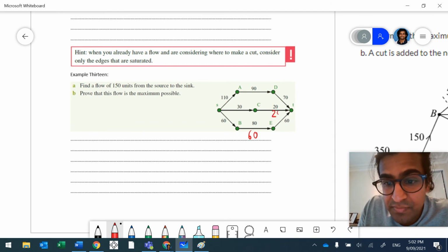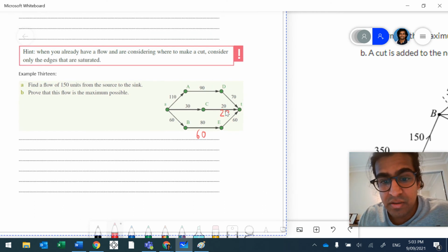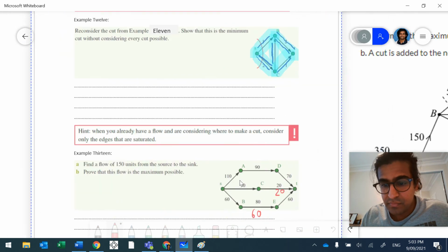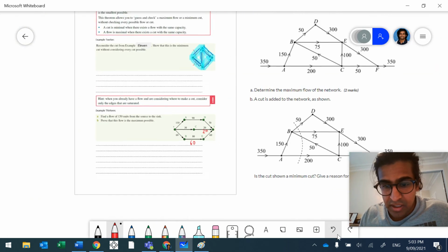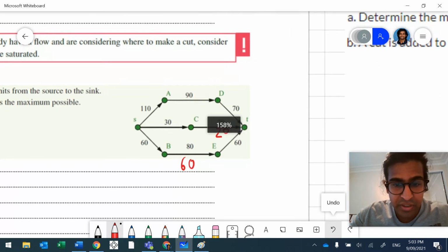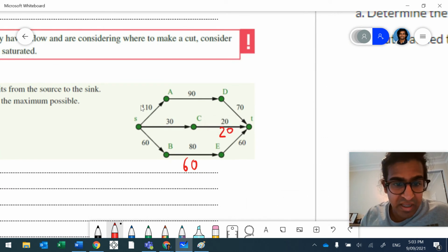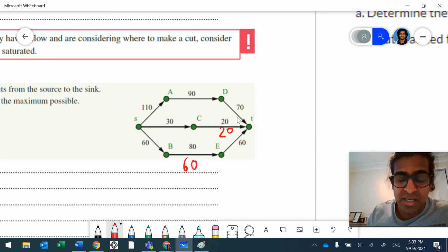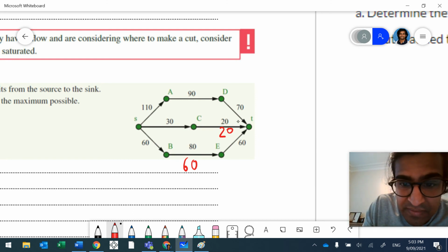So there's our actual flow. And finally, if we look at this, we've got a capacity of 110, then that drops to a capacity of 90, it drops again to a capacity of 70, and that's what ends up going through there.